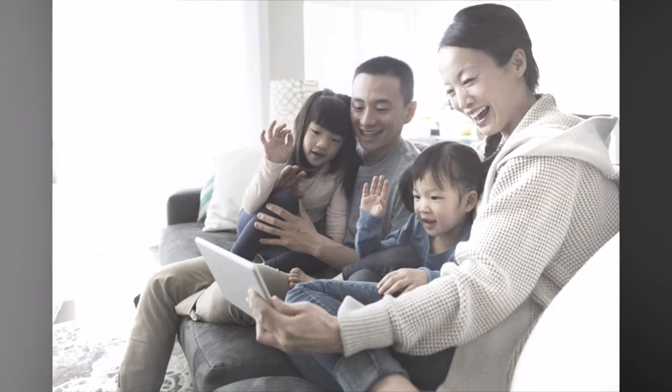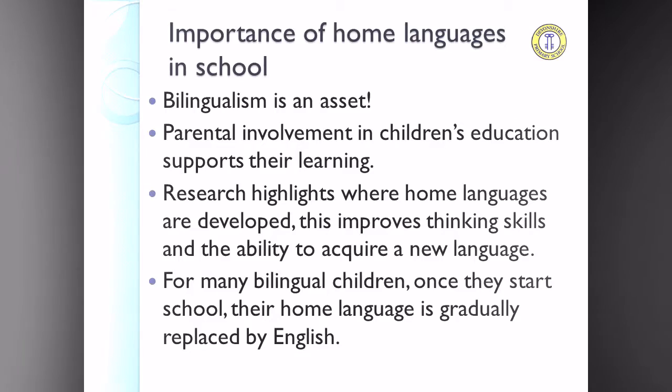Maybe it's French or maybe it's Italian, but whatever the language is that the caregiver is fluent in, that's the language that should be used with the child. The brain can discern different languages.